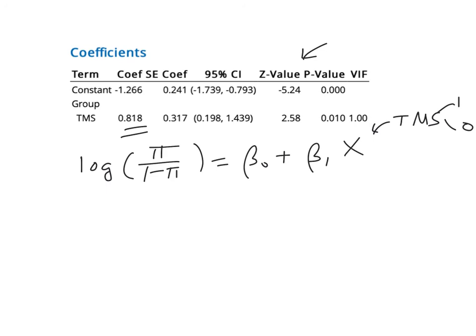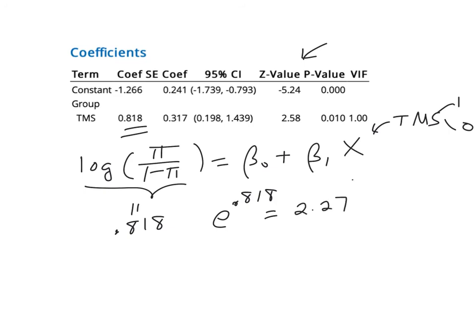What this is saying then, remember that's what the beta 1 is, as X changes from placebo to TMS, we're looking at how much the log odds changes by. And our estimate then is 0.818 here. If we undo the log process, we get e to the 0.818 is equal to 2.27.